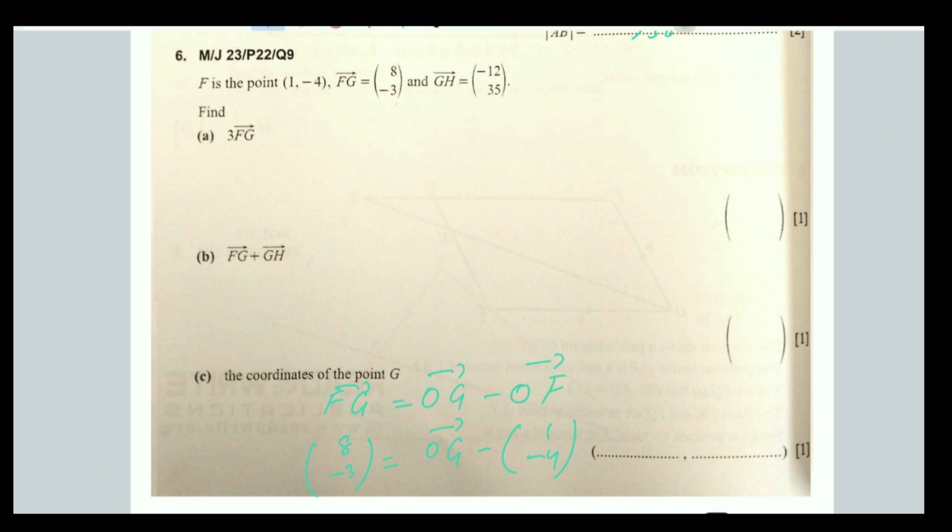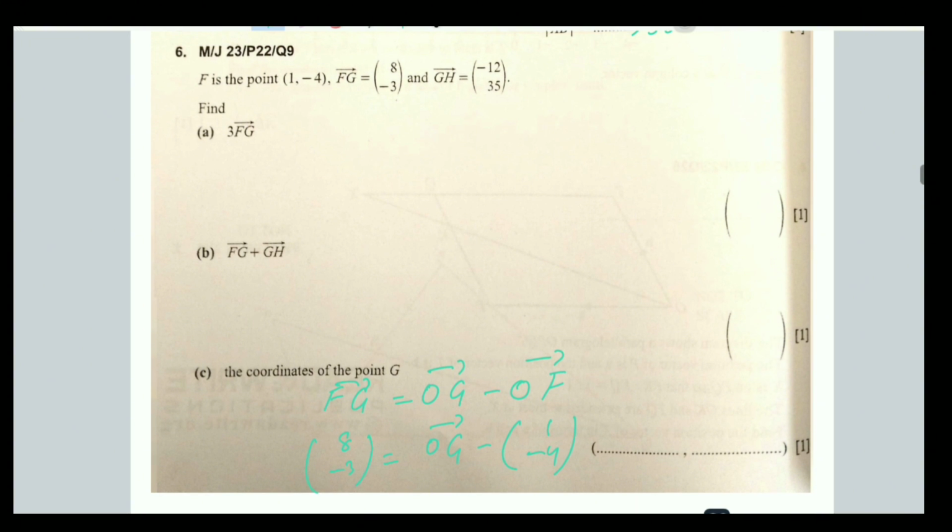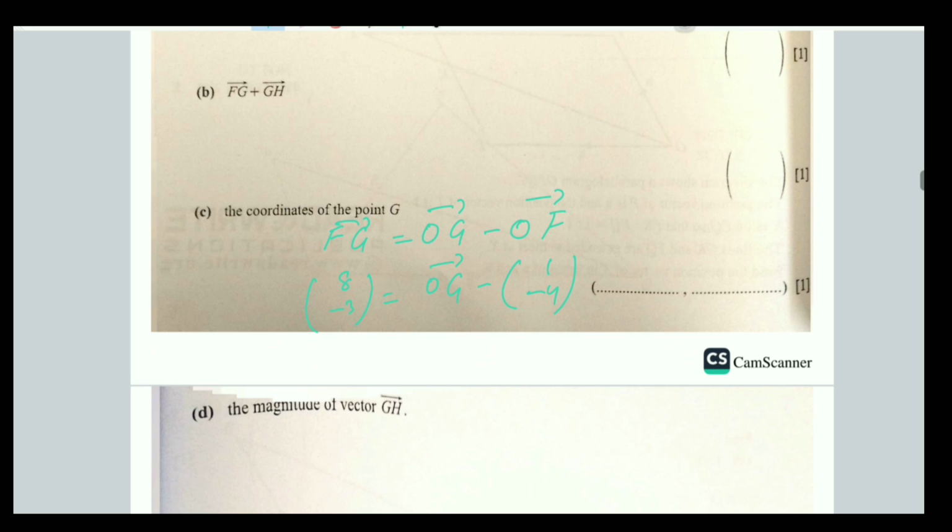We write the points of F in the form of position vectors like that. So 8, minus 3 plus 1, minus 4 is equal to OG. So 8 plus 1 is 9, and minus 3 minus 4 is minus 7. And the coordinates: the first value is 9, the second value is minus 7.